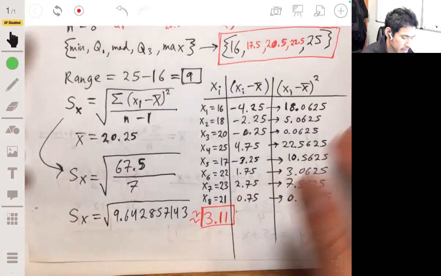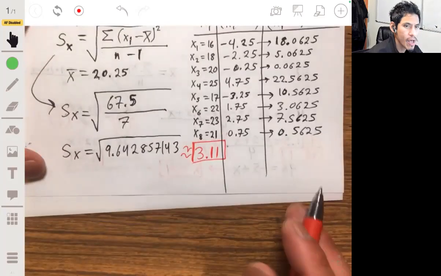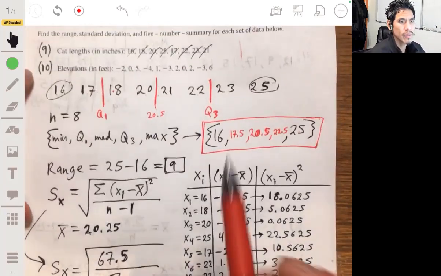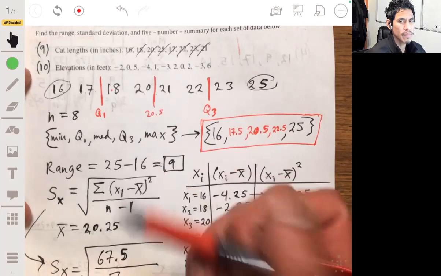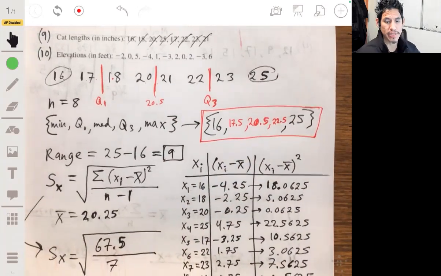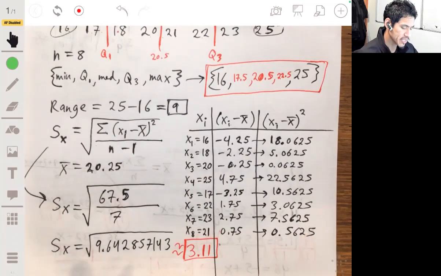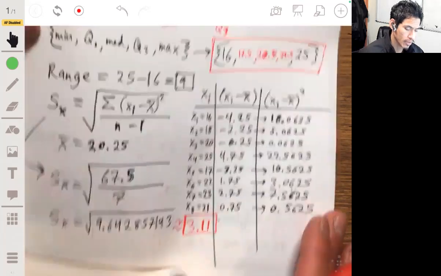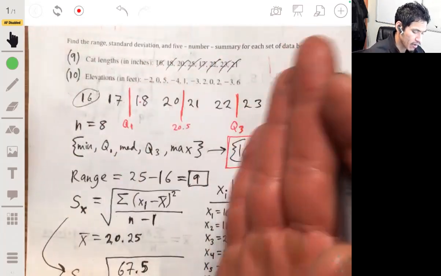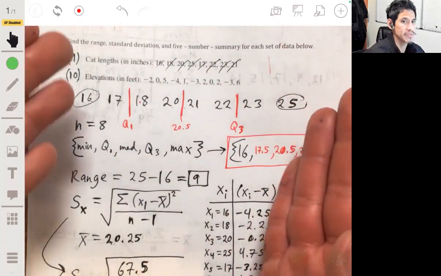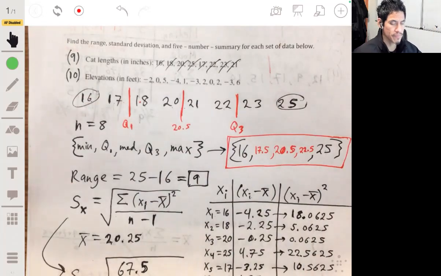All right, so what does that even mean? Well, standard deviation is a measure of spread. It gives you an idea of how much variation there is within the values. Range tells you exactly how much difference there is in total from smallest to biggest.